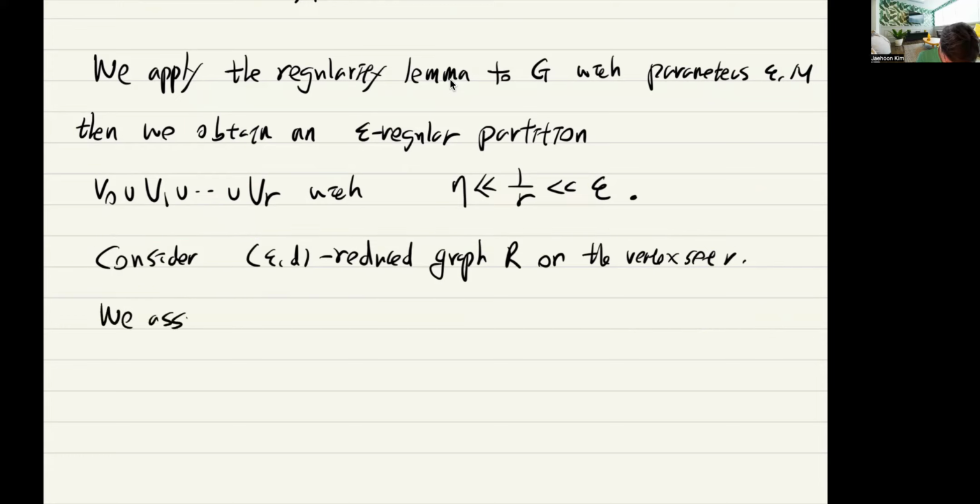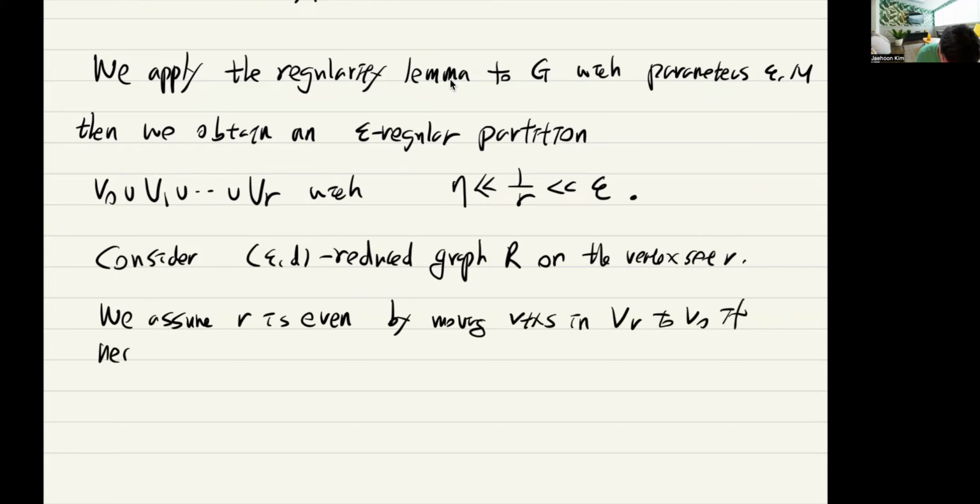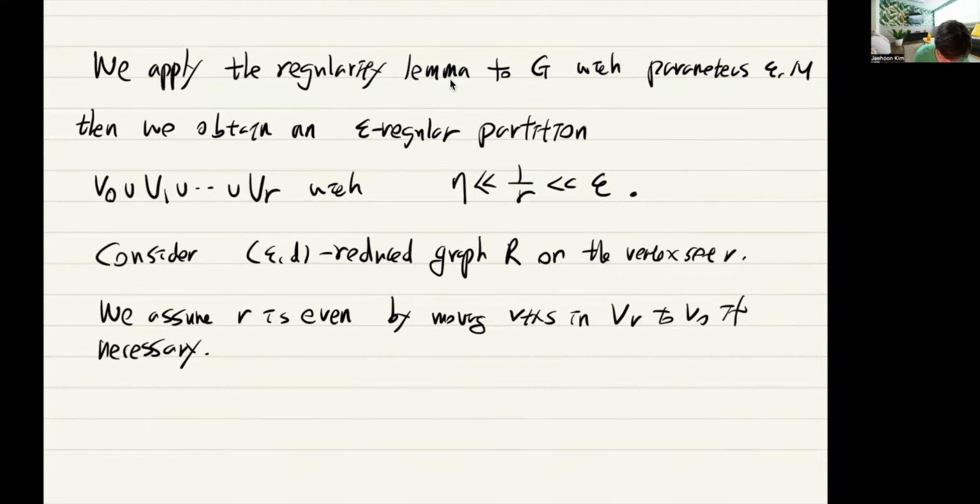We assume R is even by moving vertices in BR to B0 if necessary. Meaning that if R is odd, then you take the last one and you move all the vertices to B0, and you reduce R by 1. Then you can assume that R is even, and B0 still has size at most 2 epsilon n.